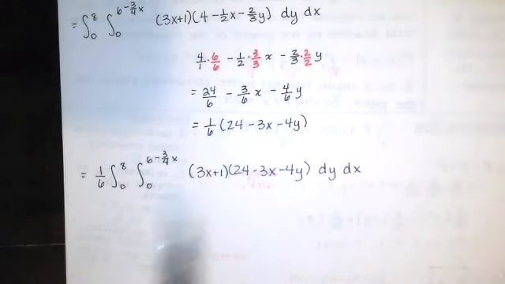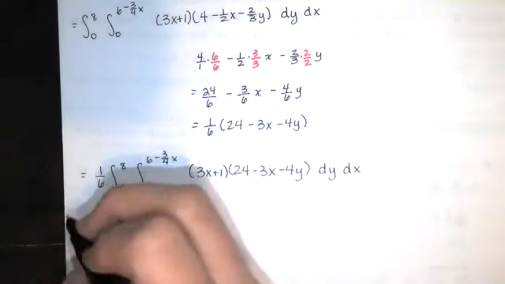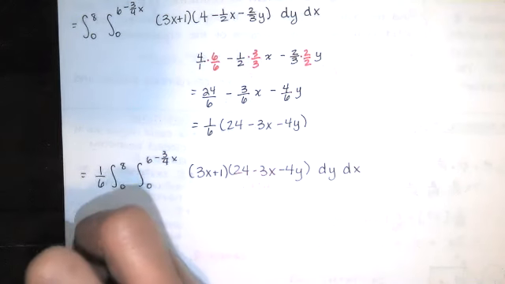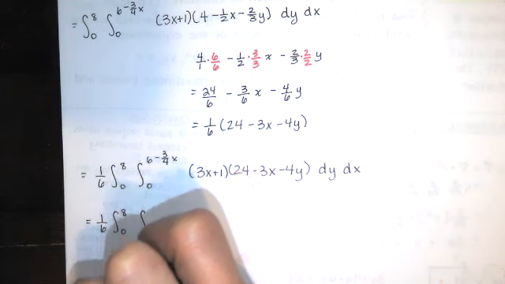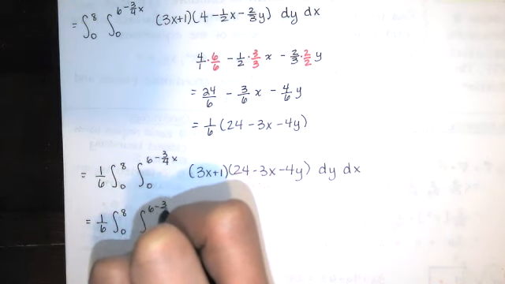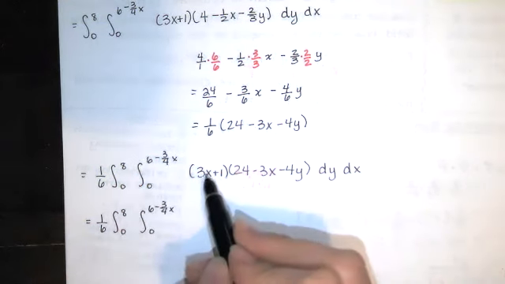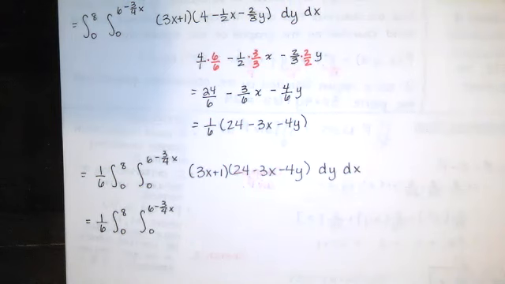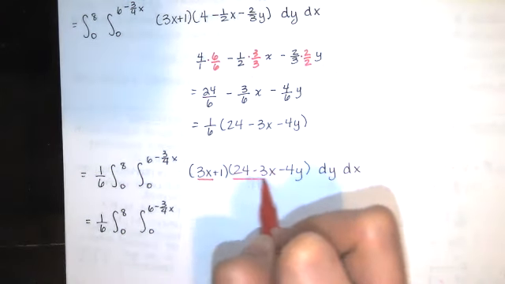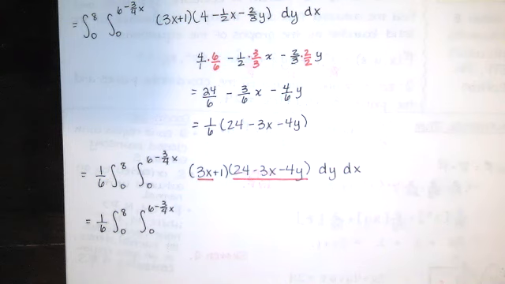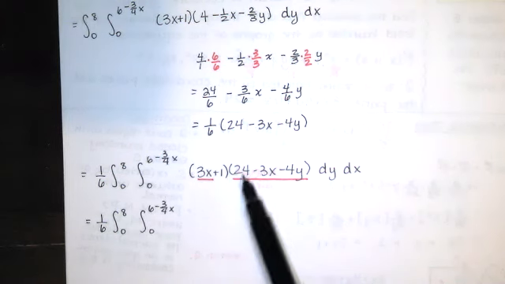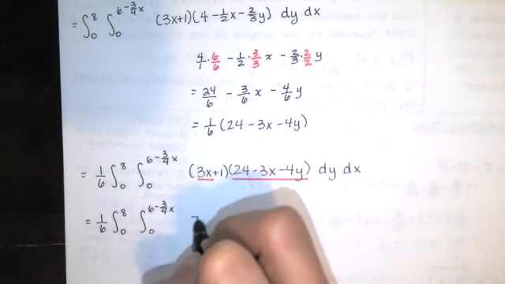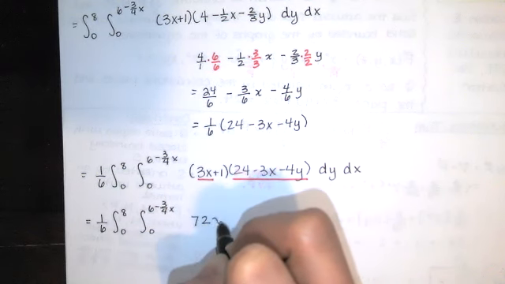Okay, now at this point, I think I'll distribute. 3x times this trinomial is 3x times 24, so that's 72 times x.